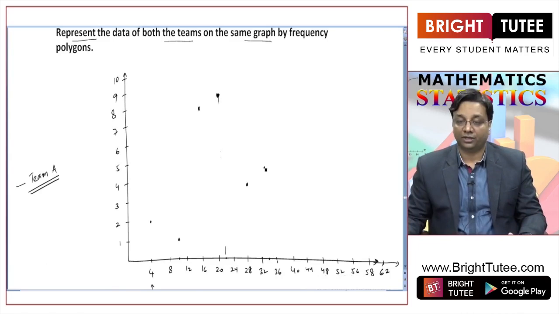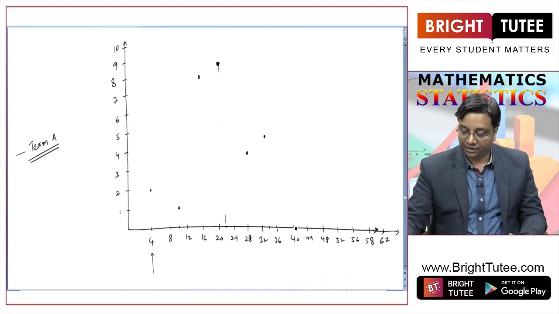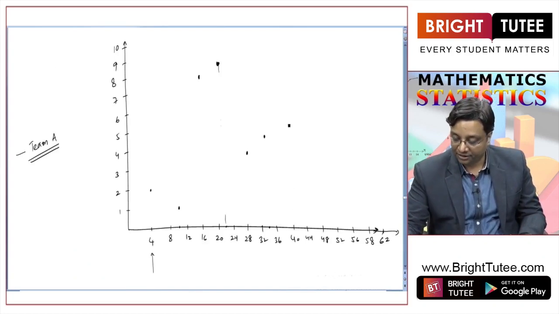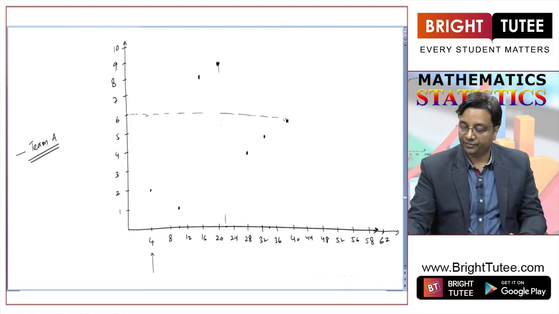So 34 comma 5 is this point. Next is 40, then 6. 40 and then 6 will be somewhere here. Okay, so corresponding to this 6 you will decide this point.